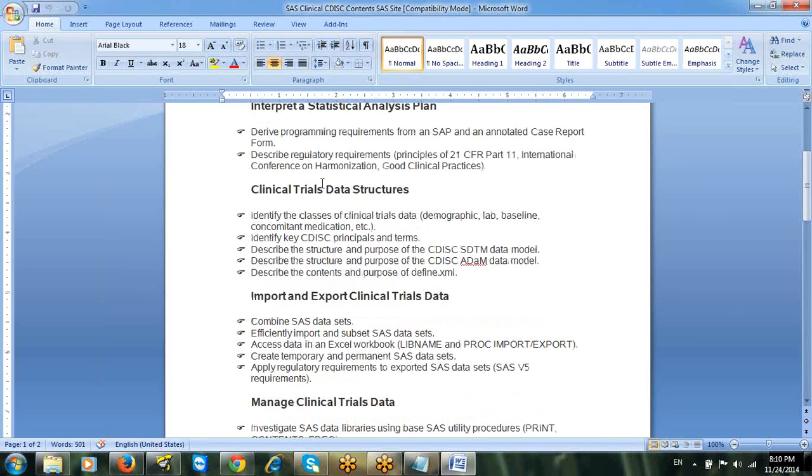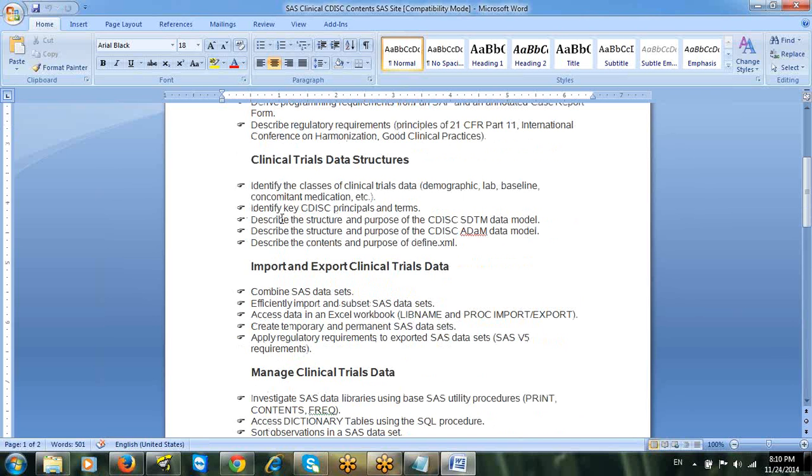We will discuss clinical data structures, the different classes in clinical trial data, the main principles of SDTM, and what ADaM and define XML are.